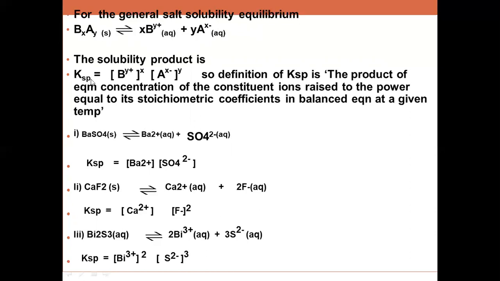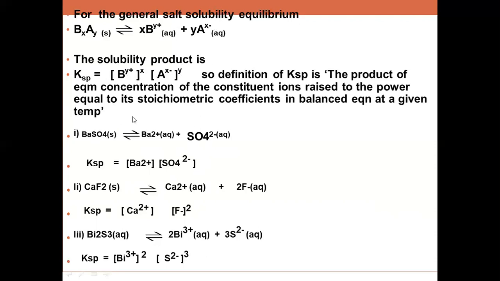Therefore, here Ksp is equal to B^y+ to the power x, then A^x- to the power y. This is the equation we will get.